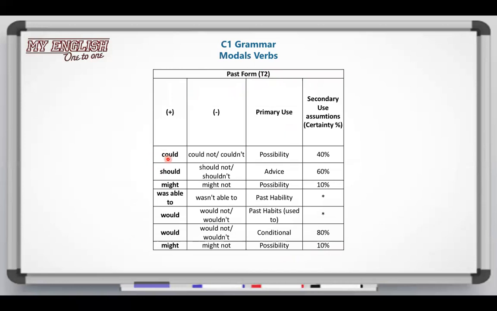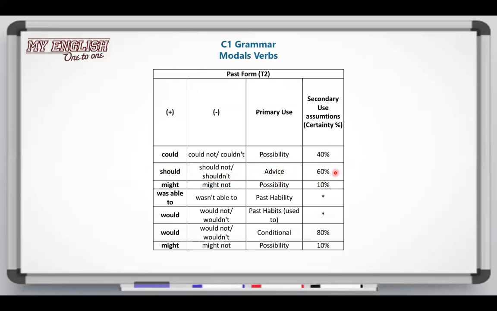Could, which is the past of can, and you have could not or couldn't. The primary use is possibility. The secondary use for assumptions is 20% certainty. Should, should not, shouldn't, this means advice in the primary use.